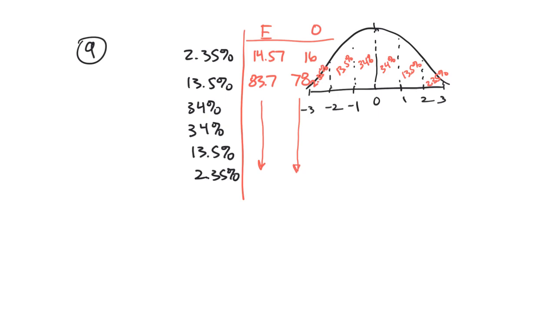Then you do the test and see if it seems these distributions are the same or not. That will get you started on number 9. Basically, in every one of these problems, we need to find the expected number, and we'll have the observed number. Then we run it through the chi-square test. So give it a try, and of course, let me know if you have any questions.